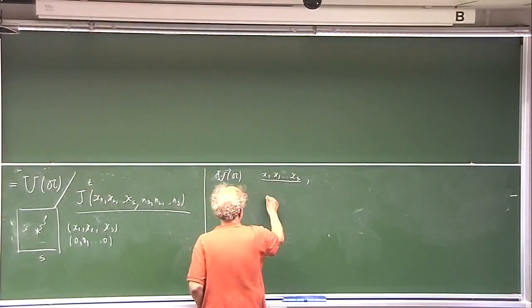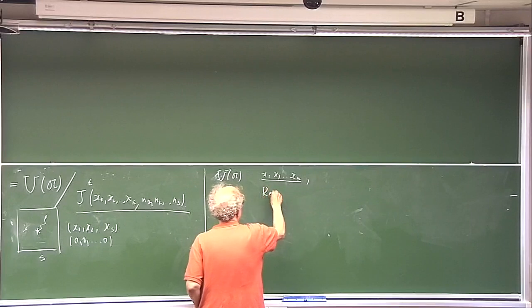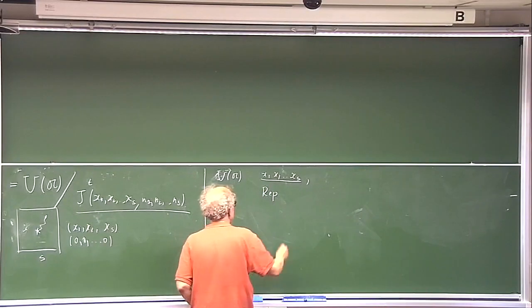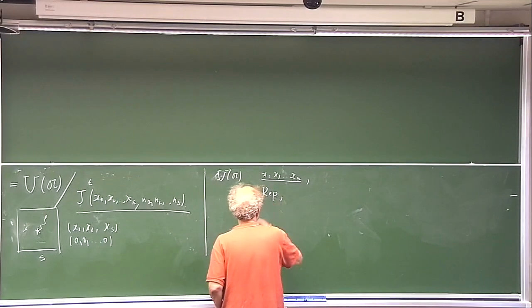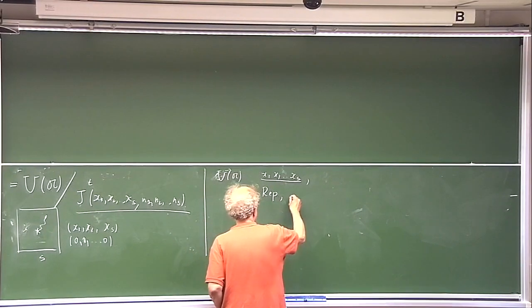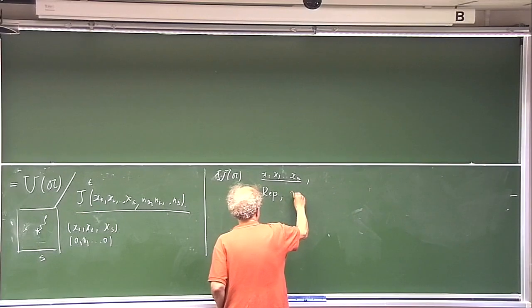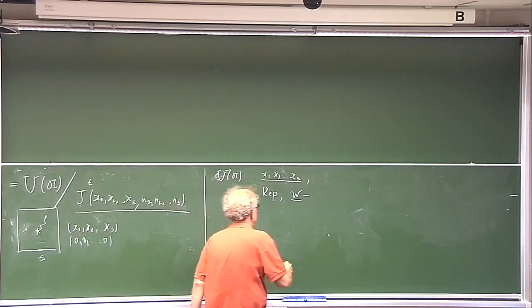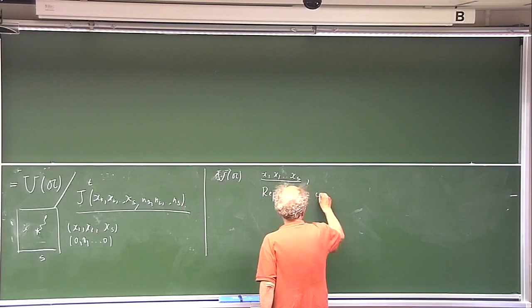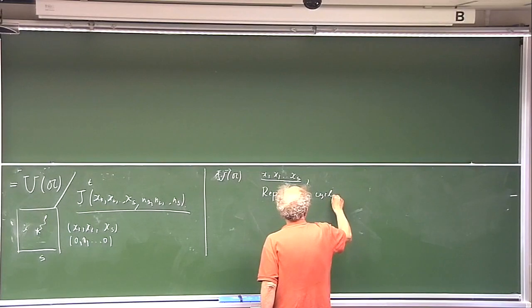This is in my representation, maybe denoted by rep, and about this representation I know that this vector is cyclic. Some vector may be denoted by W. It is this. It is a cyclic vector.